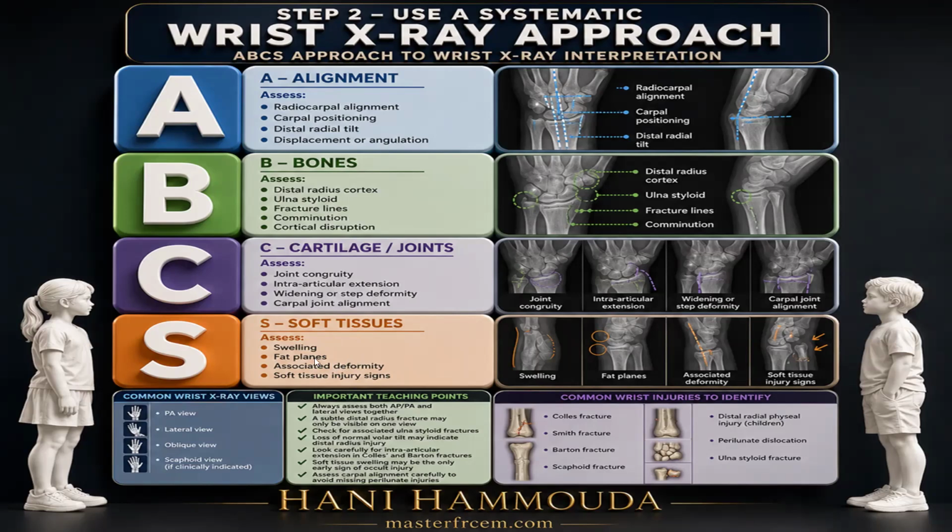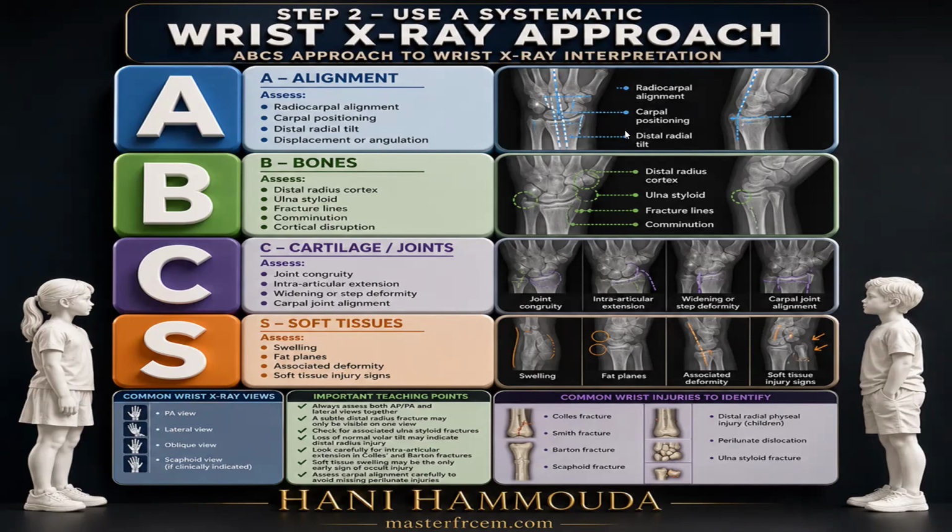What are the common wrist X-ray views? PA view, lateral view, oblique view, and scaphoid view, if clinically indicated, if the patient has anything indicating a scaphoid fracture.